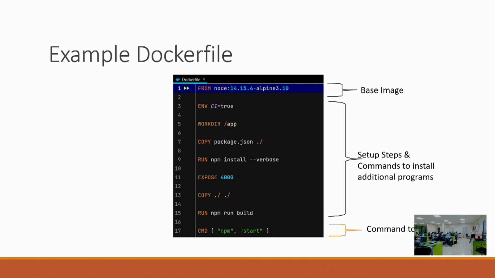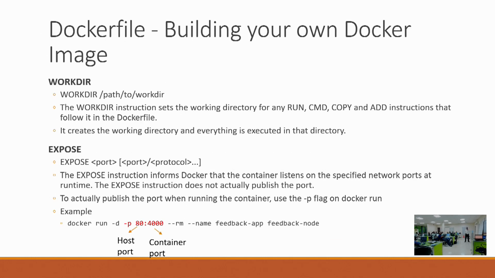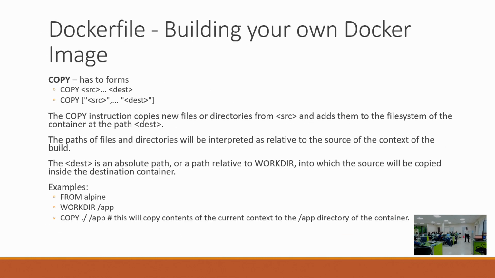Is it clear? So the destination is an absolute path or a relative path to your WORKDIR in your container, into which the source will be copied. It will copy files from your local system, your context, into the container. We'll see an example when we do our practical.